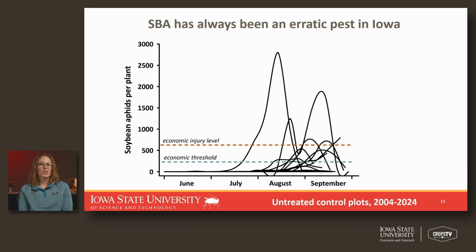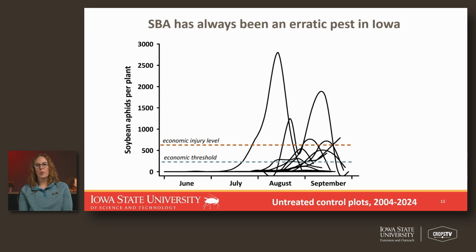So I've been looking at soybean aphid populations for a long time, and to say that they have been erratic is probably an understatement. They've always been erratic, and I would expect them to be erratic in the future. I've included just the untreated control plots here over a 20-year period, and also included the economic threshold and economic injury level for your reference.